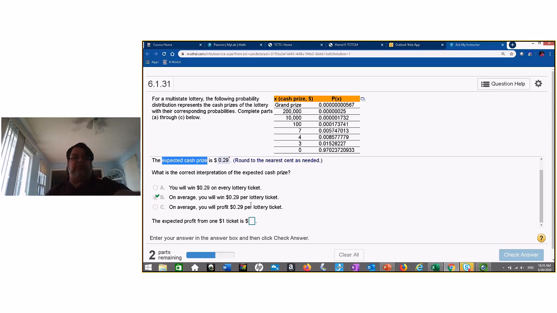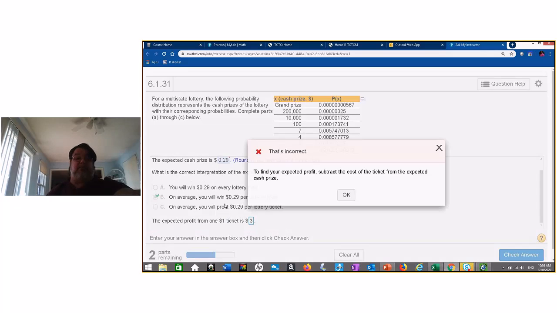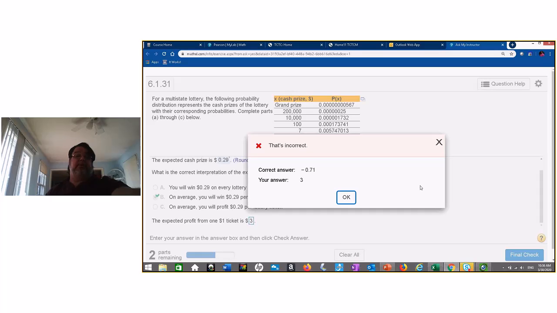You're going to win. The expected profit from $1 ticket, now that should be the negative, but I don't know what it's going to ask next. So I would say the negative 0.9, whatever I got. But I'm just going to ask it what the final problem is. They got negative 0.71. What did I get?